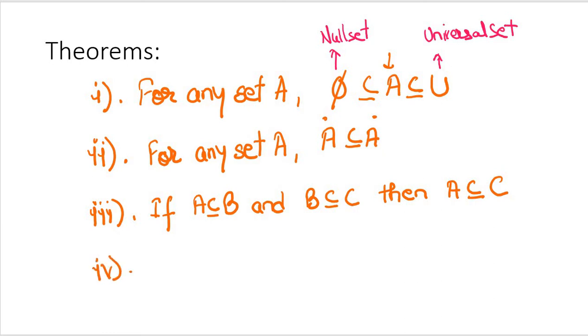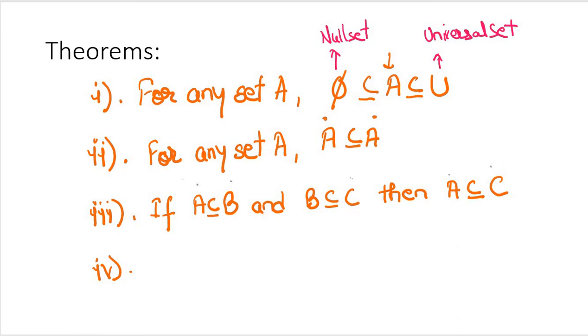So obviously if A is a subset of B and B is a subset of C, I am going to observe that A is always a subset of C, because any values of A will always be in B, and the entire content of B will be a part of C. So obviously the entire content of A will be in C as well.